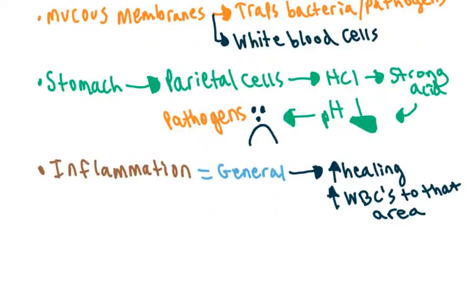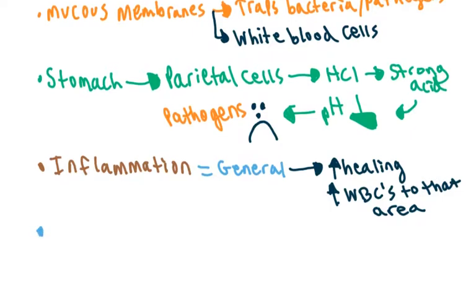Okay, and the last one, guys, that we're going to go over, which is also part of the innate or non-specific immune system, is our phagocytes. Why are phagocytes part of the innate non-specific immune system? Because they don't care at all about who they're trying to destroy.